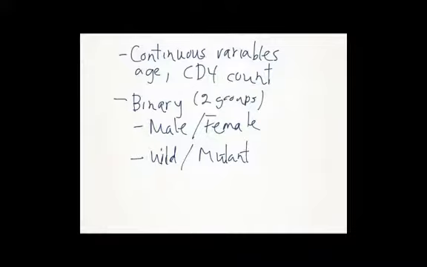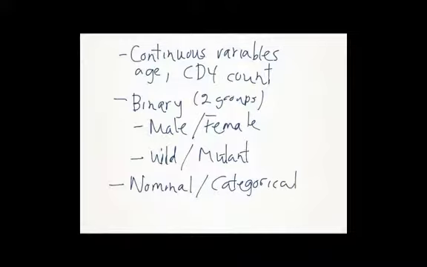And then we can also have nominal, or sometimes they're called categorical variables, nominal or categorical. And these are just, as the name implies, different categories. Okay, so it's kind of like having a binary variable, but with more than two groups.